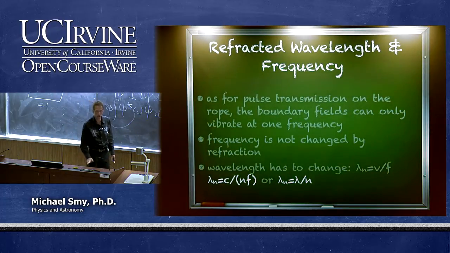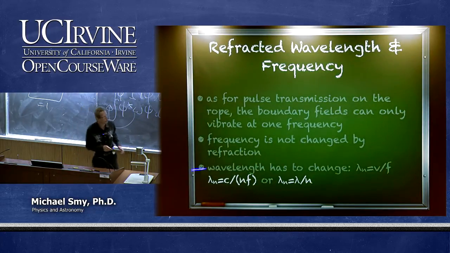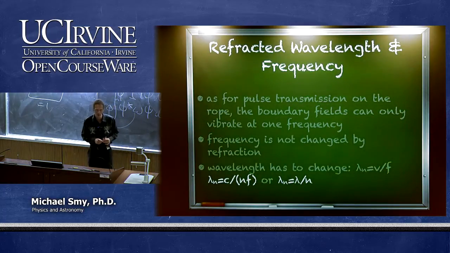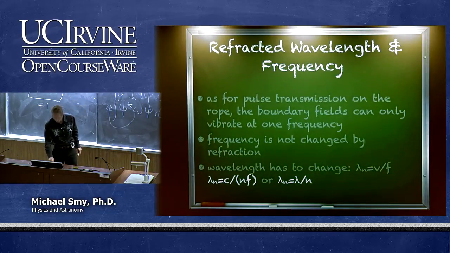And therefore, the wavelength has to change because the wave speed changes. Since the wave speed v is c over n, the wavelength has to be c over n f, or the wavelength in vacuum divided by the index of refraction. So wavelengths get shorter inside a medium than outside.